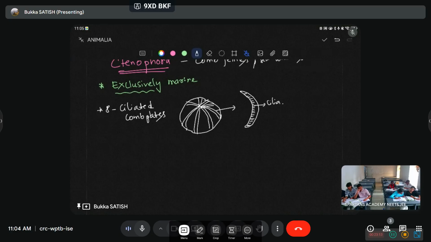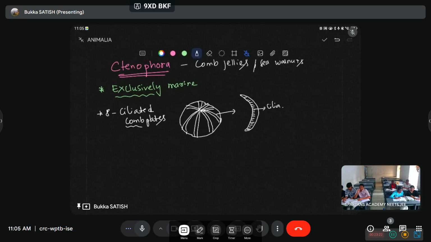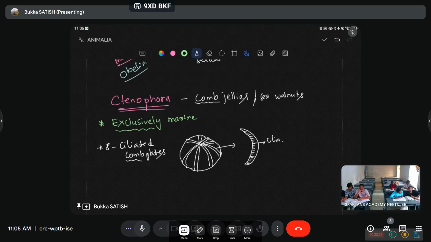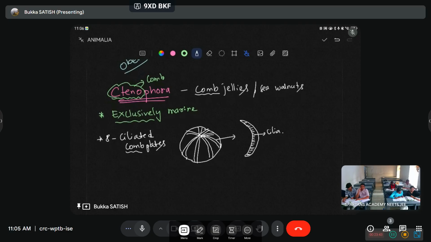Now as it appears like the comb which we use for combing the hair, no? So they appear like the comb, that's why the name comb jellies. See the name, comb jellies, because of the presence of these 8 rows. Right? Cteno means comb. So because of these 8 comb plates only, they've got the name.